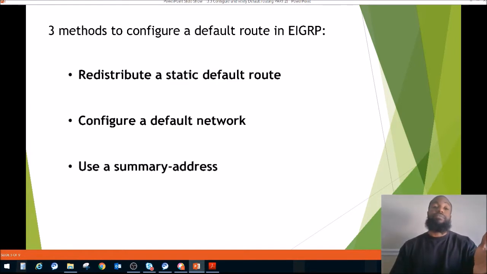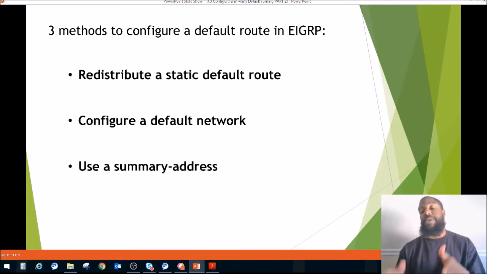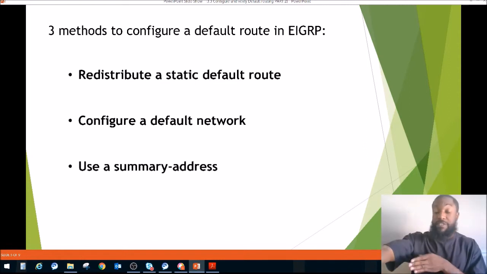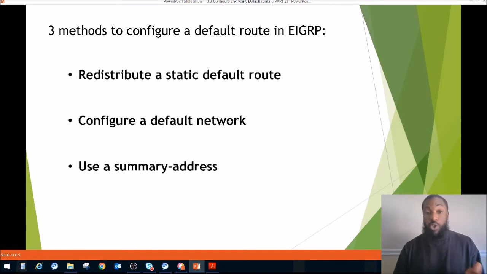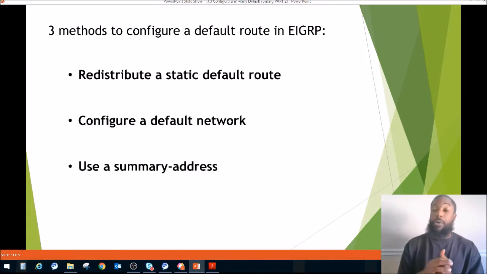As you can see here, there are 3 ways to configure a default route. You can redistribute a static default route. We know what a static route is. It's always one way to get somewhere. We created it, the administrative distance is always 1, and it's always just one way to get there. You could also configure a default network and then propagate that through EIGRP. We talked about what a default network is.